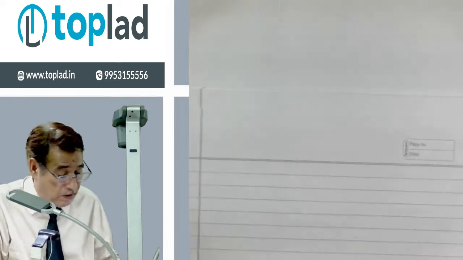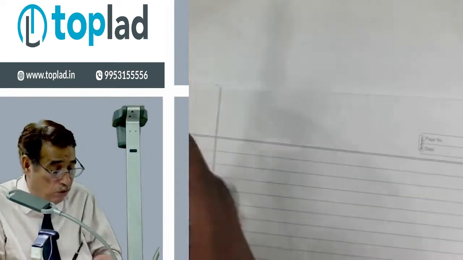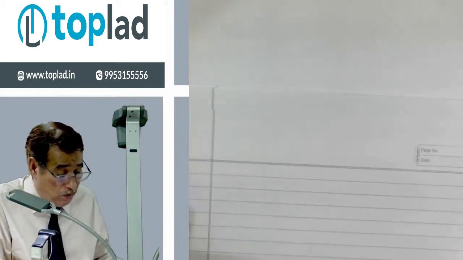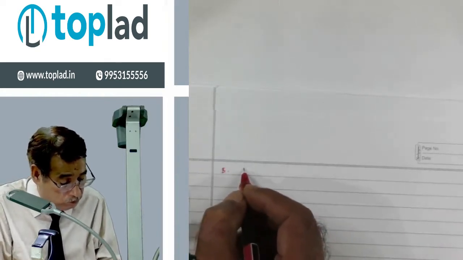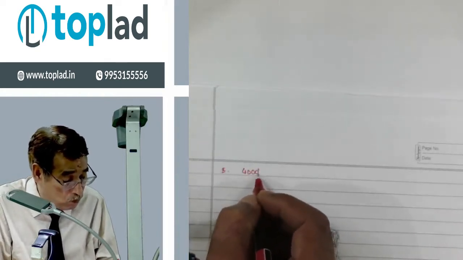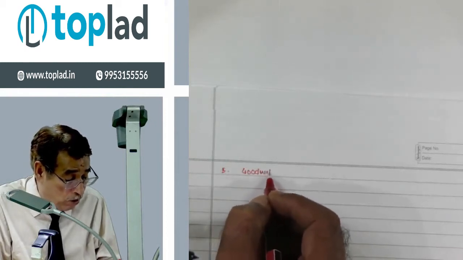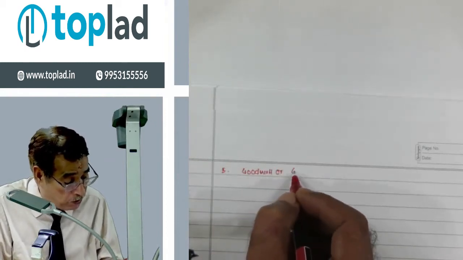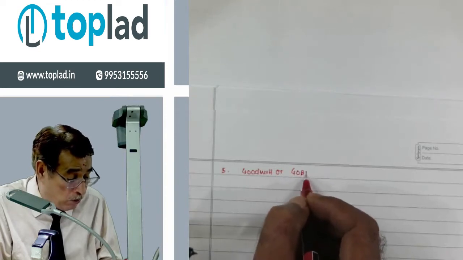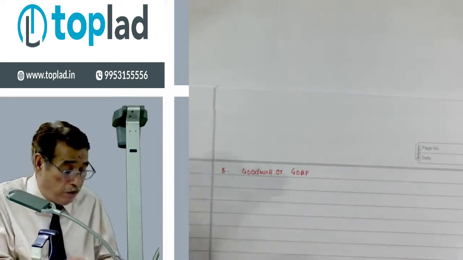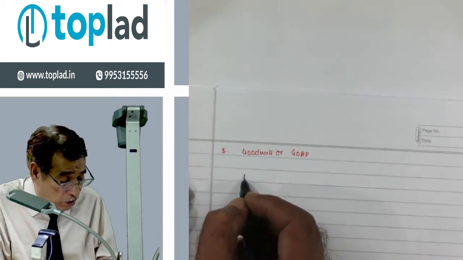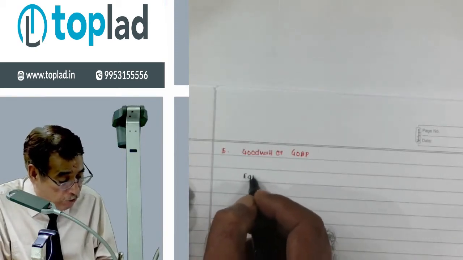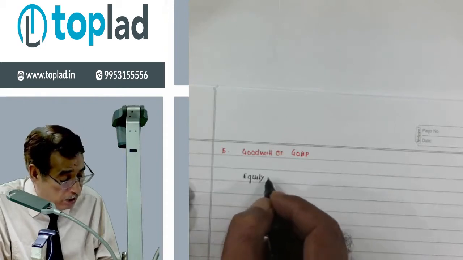After this analysis table, we have to now find out goodwill. Now I will write here goodwill. Calculation of goodwill or gain on bargain purchase. For the same, we write equity, and equity means net assets only.